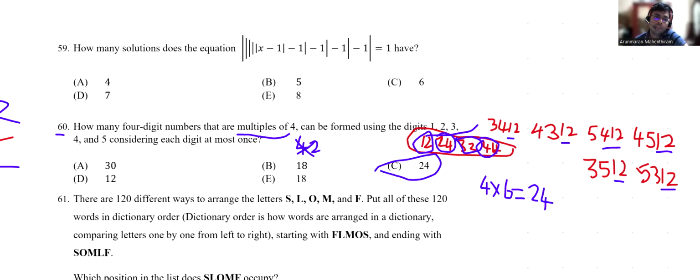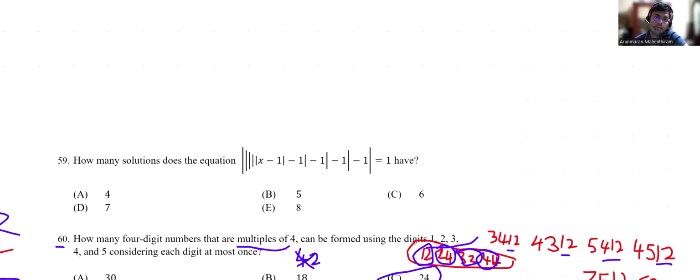How many solutions does this equation have? So this is question number 59. So here the idea is to remove the modulus, the last modulus. Modulus is always greater than or equal to 0. So when you take the modulus, that number is always bigger than or equal to 0.